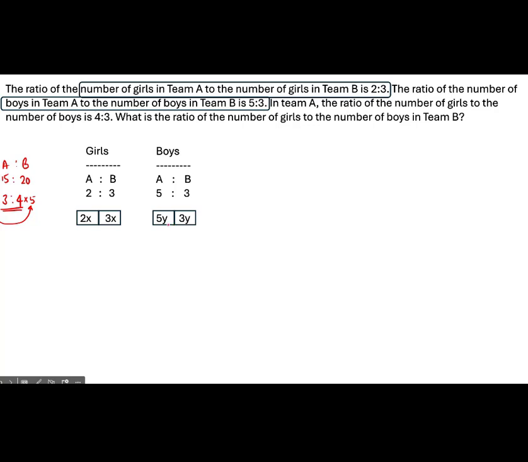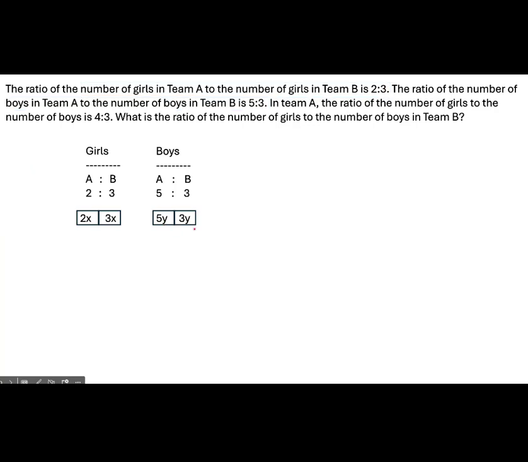That is, 5y is the total number of boys in team A and 3y is the total number of boys in team B. Again, I used y because this could be multiplied by some other number. We do not know, so that's why we are using a different variable here.